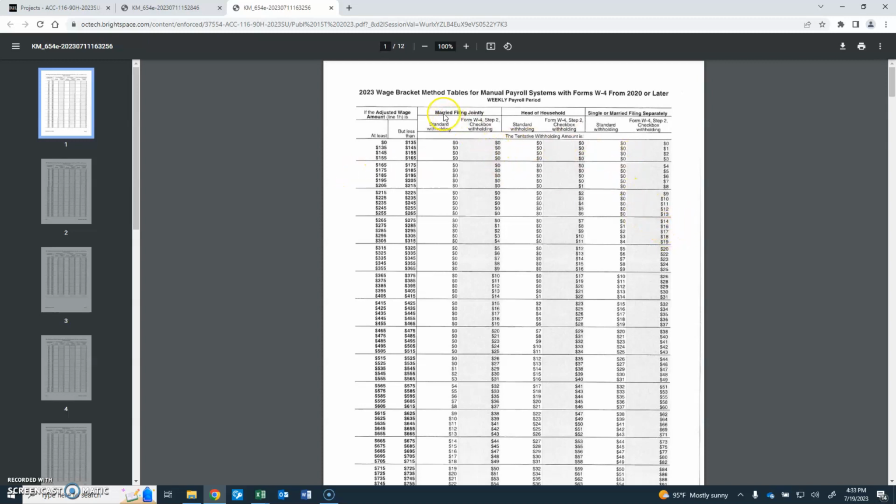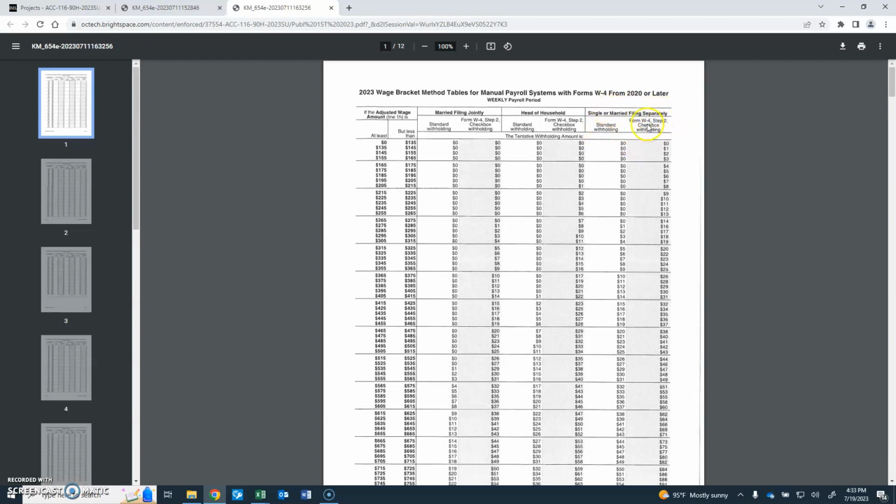Now, in that table, it's broken down by the filing status that they put on their income tax return. Married filing jointly, head of household, or single; married filing separately go together. I said that we're going to agree that everybody is single, so we're going to use this last set of columns.